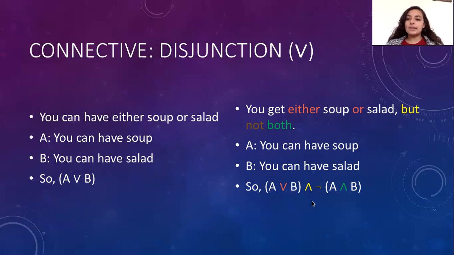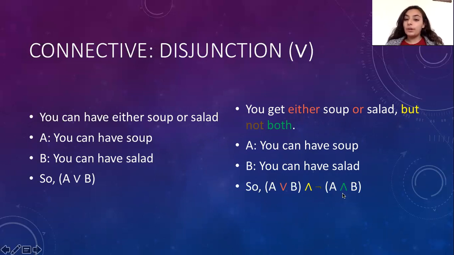If it's still not making sense, I would definitely start off by memorizing which words correspond to which connective, and then it'll start to slowly make sense. And so not, we know that's the negation, so that's pretty easy. So we just put that in brown.